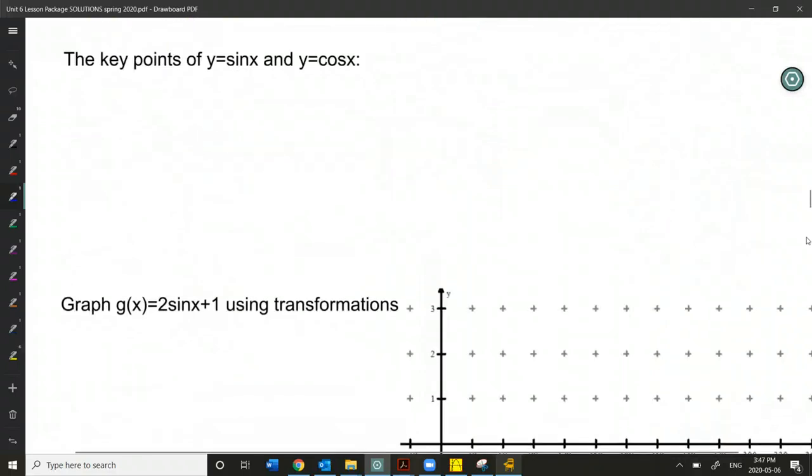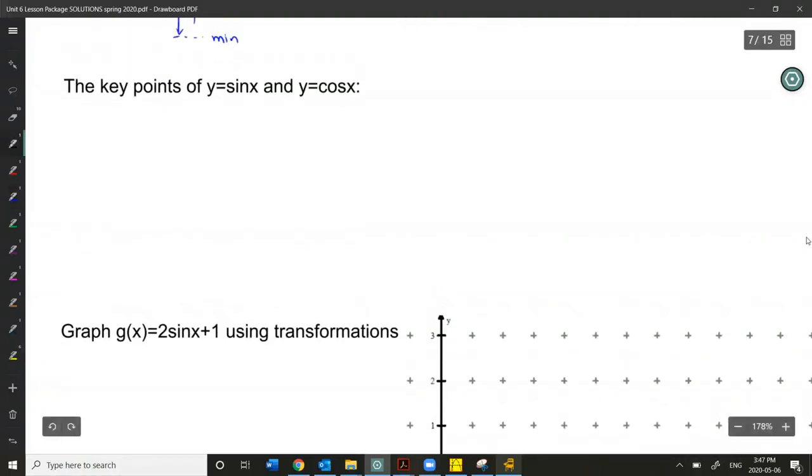Okay, now we also took some time yesterday to do a little investigation of what the graphs of sine and cosine look like. Now we had a whole big table of values all the way from 0 to 360 going by 30 degrees. When we do transformations, we kind of focus in on some really essential key points here. So I'm going to go back to that investigation just to show you the key points.